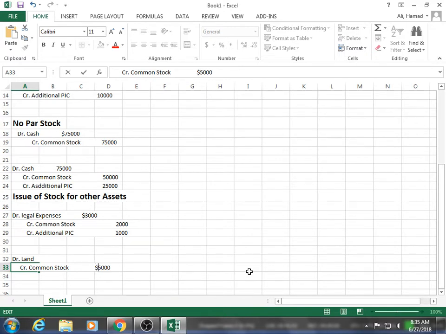And we're going to credit additional PIC. Now the land is going to be 500 times 16, that's $8,000. So the additional PIC is going to be the difference, $3,000. Okay?